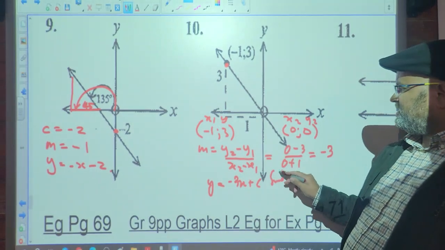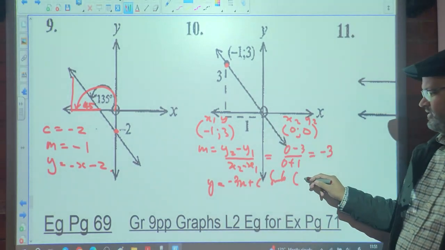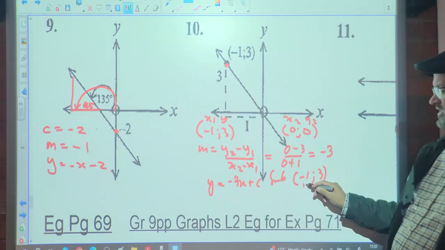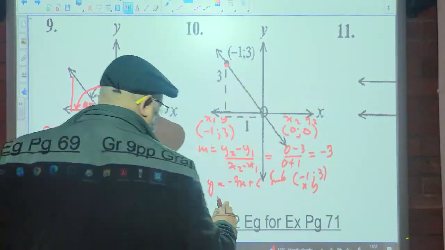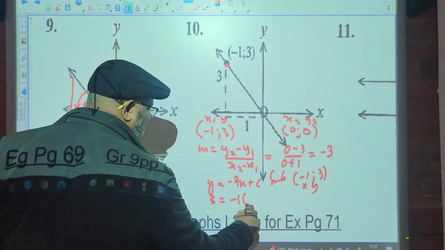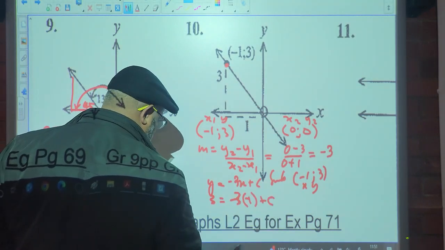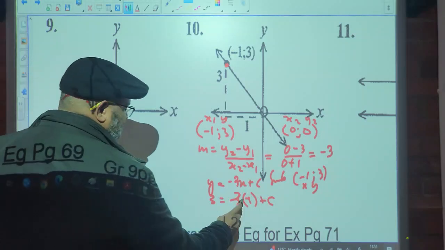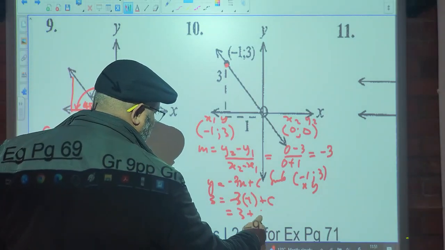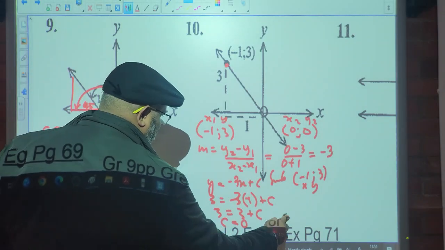Now we can substitute either the origin or negative 1 and 3, that's an x and a y. So 3 is equal to negative 3 times negative 1 plus c. What is negative 3 times negative 1? It's 3. So c is 0.